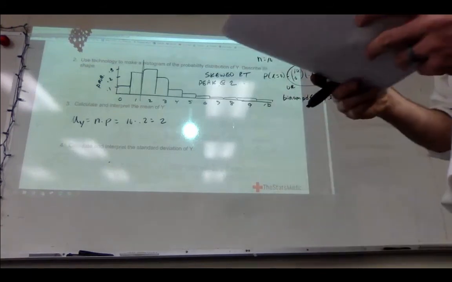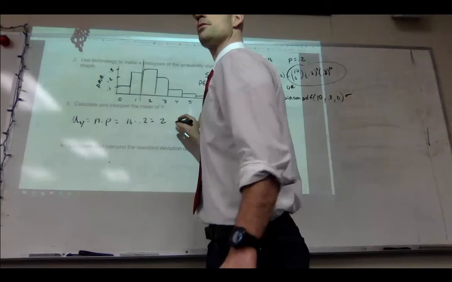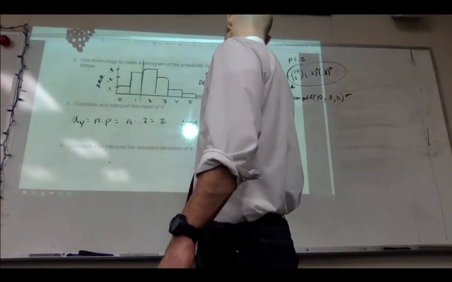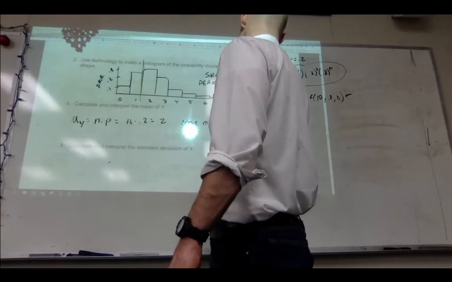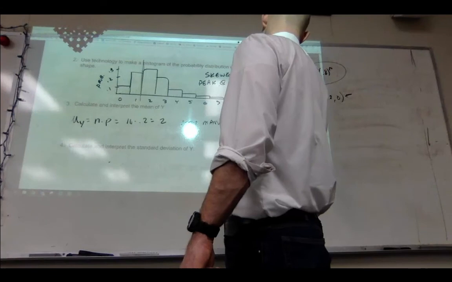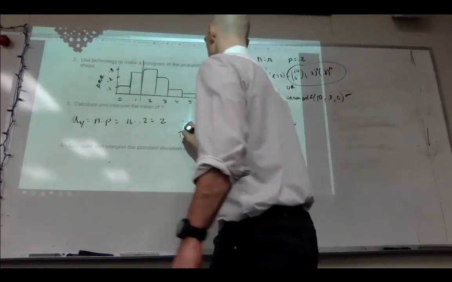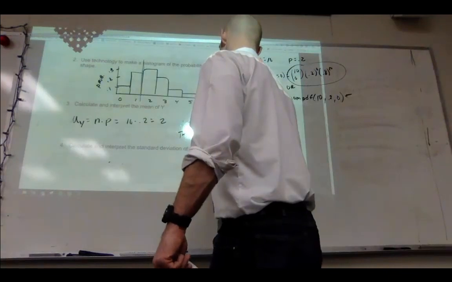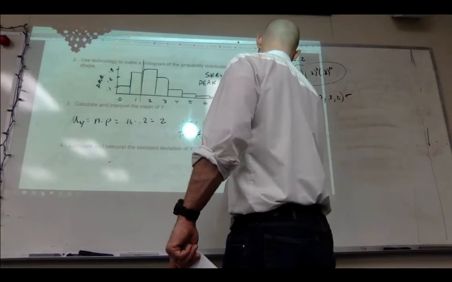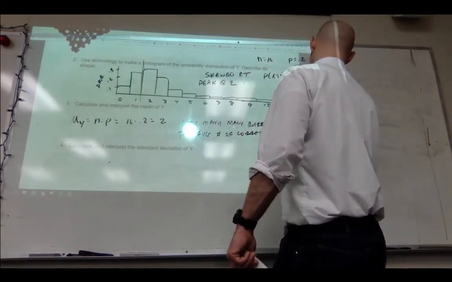let's calculate and interpret. So we have to interpret the mean. How do we interpret this? After many, many quizzes taken, the average number of correct answers was 2.